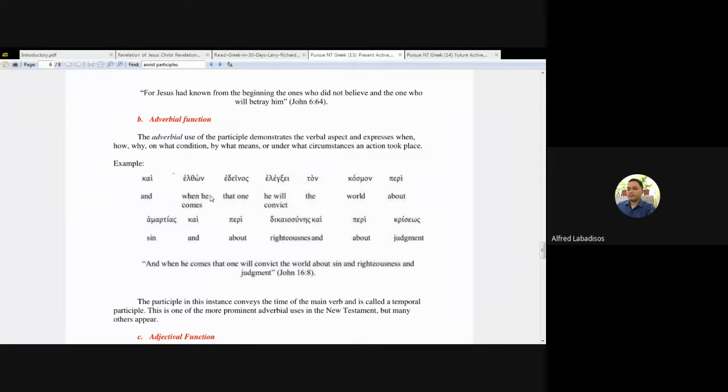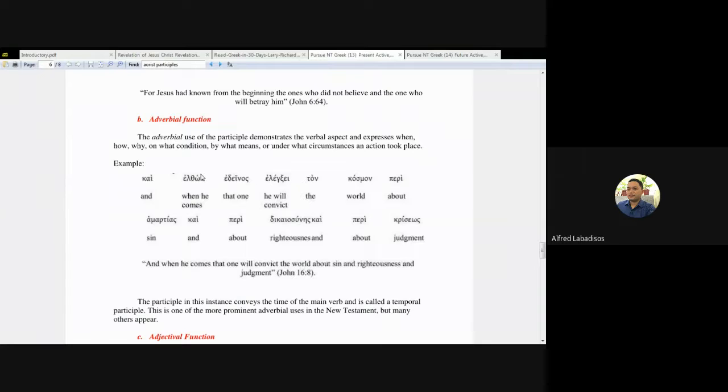And when he comes, that one will convict the world about sin and about righteousness and about judgment. No, that's a literal translation. For the smooth translation: and when he comes, that one will convict the world about sin, righteousness and judgment. So we have elthon, when he comes. So this participle here functions adverbially.